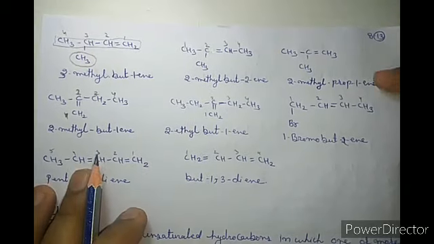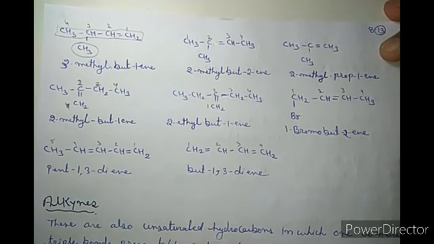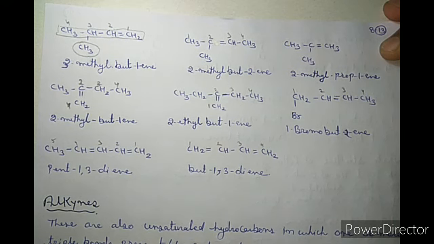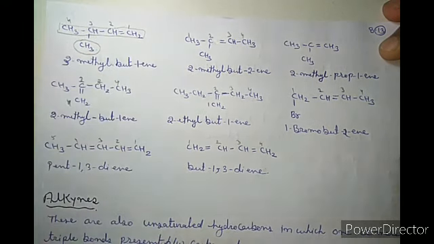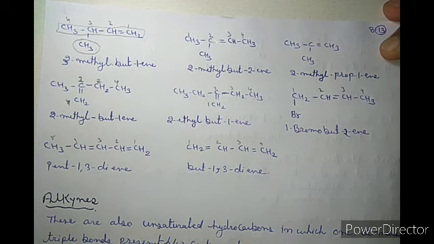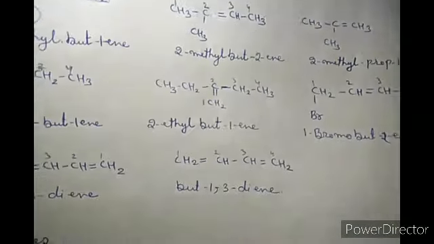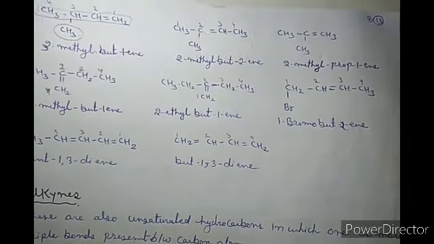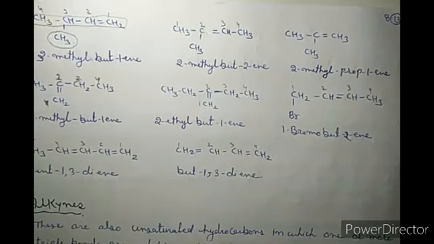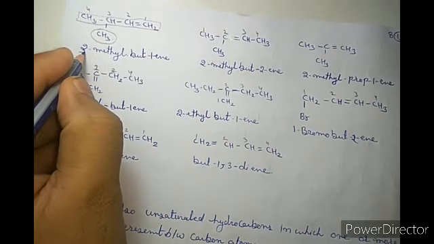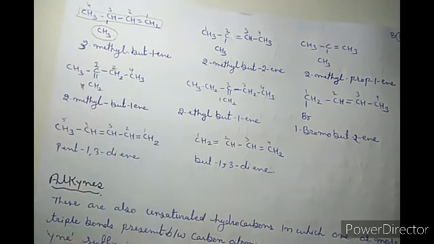Got it? Now the rules are the same. Firstly, write the name of the substituent. Here it is methyl, and it is attached on the third number carbon. So it is 3-methyl.